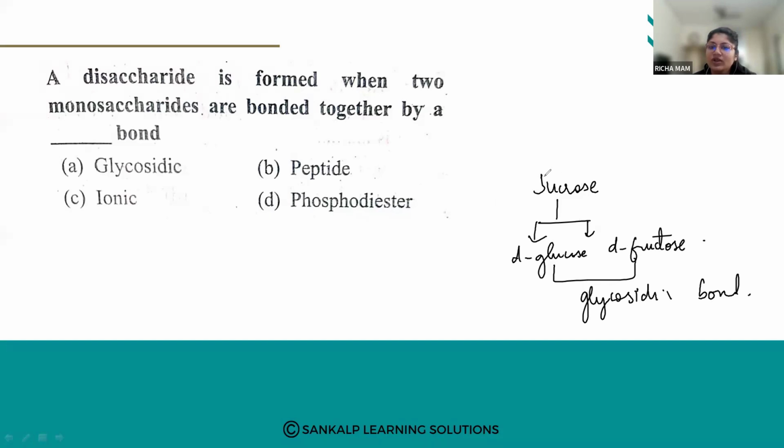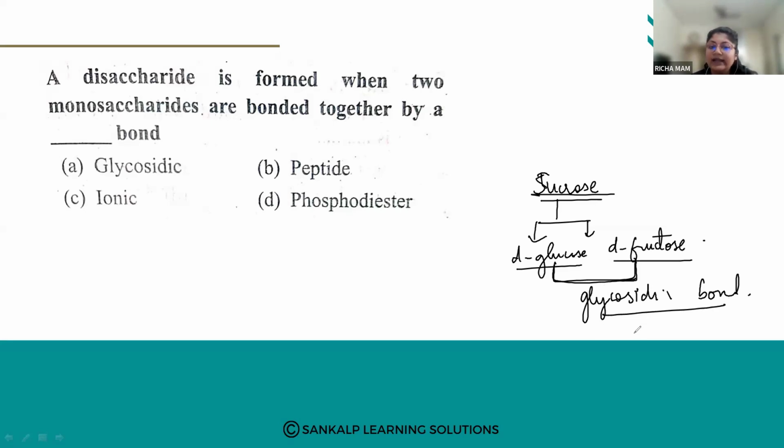As we have discussed, sucrose is a disaccharide unit. Disaccharides are carbohydrates made up of two monosaccharide units, that is D-glucose and D-fructose, and these two units are joined by a glycosidic bond. So what is this glycosidic bond?